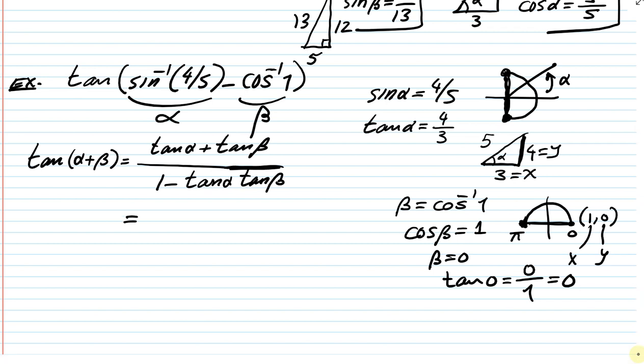Okay. And tangent of alpha is going to be 4/3 minus tangent of beta, we said, is 0, over 1 plus 4/3 times 0. So that's just 0. The answer is just 4/3. And there we have this one.